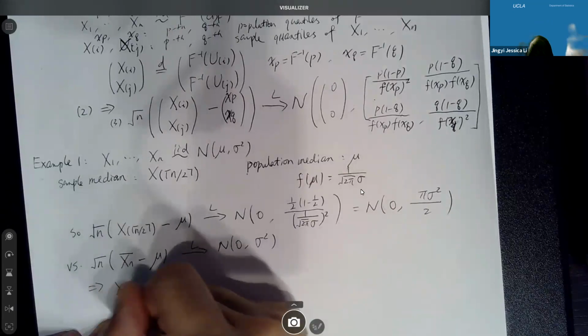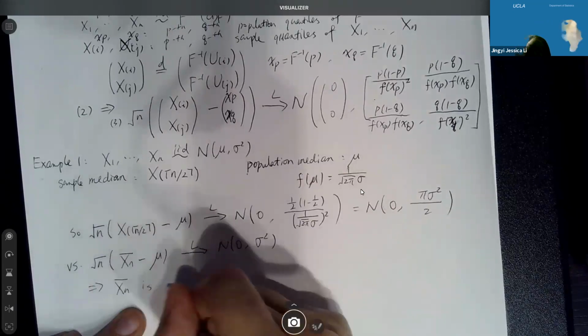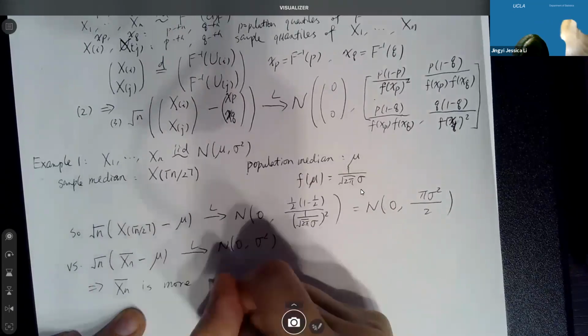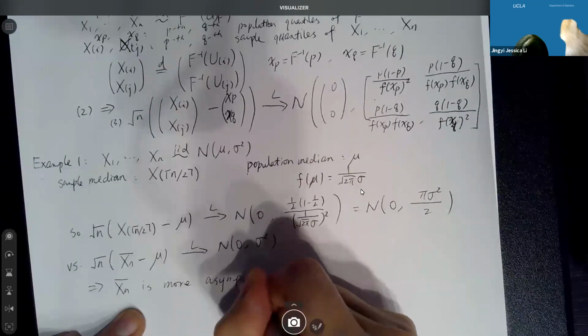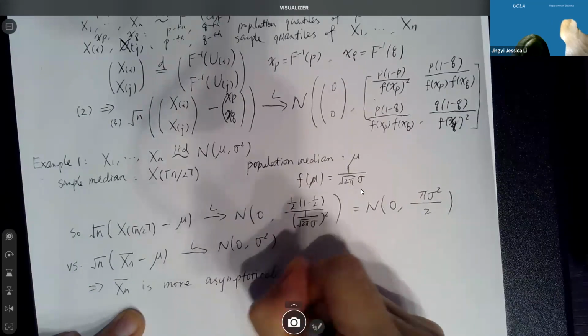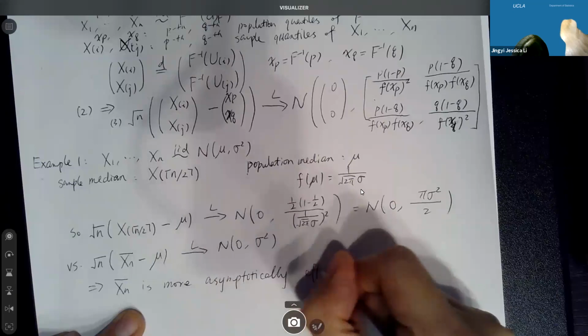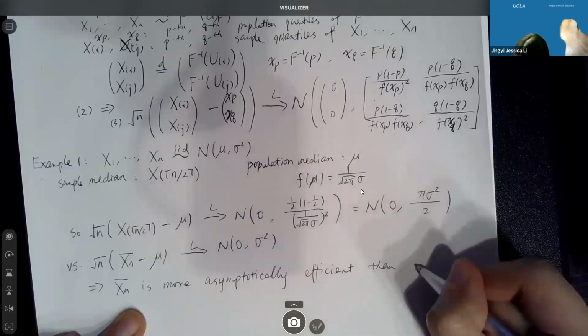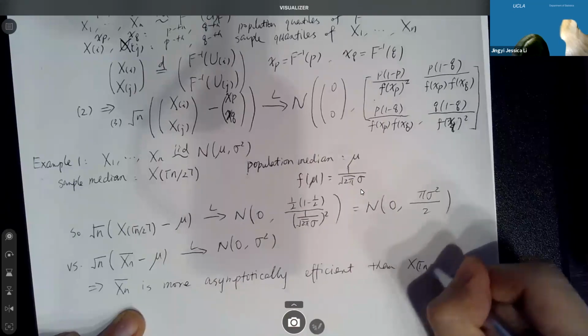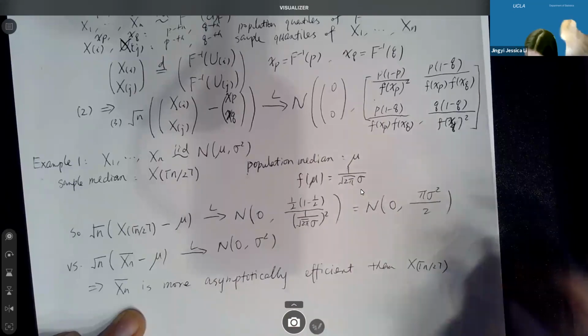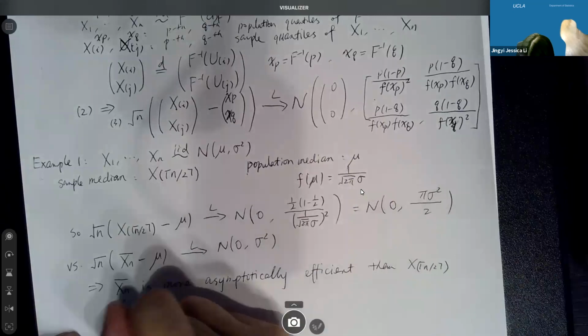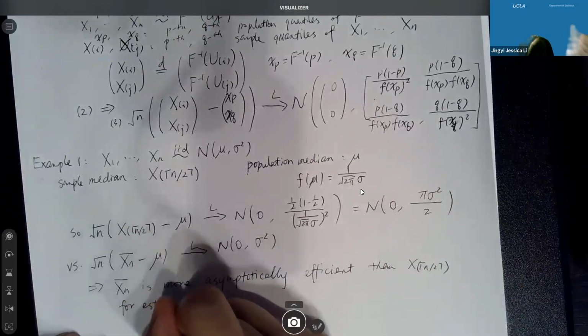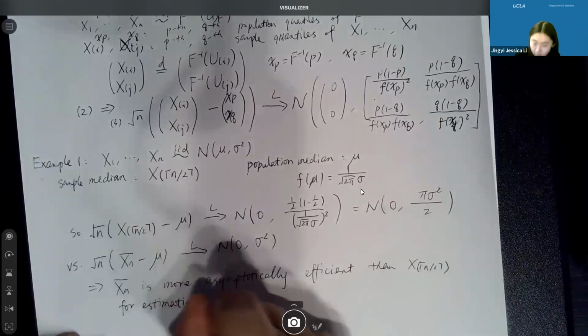So in other words, we often say Xn bar is asymptotically more efficient than the sample median. And more efficient for what? For estimating mu.